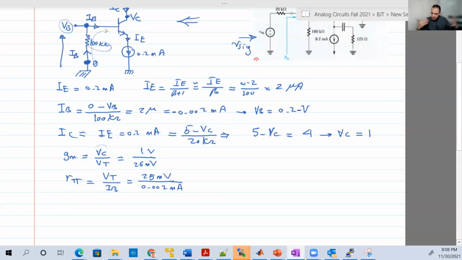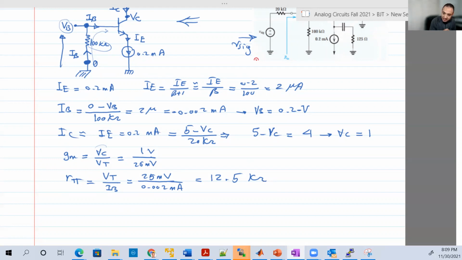Volt over ampere gives ohms, of course. So that's big because you're going to multiply the 25 by 1,000. So 25,000 over 2, it's 12,500. So 12.5 kilo ohms.